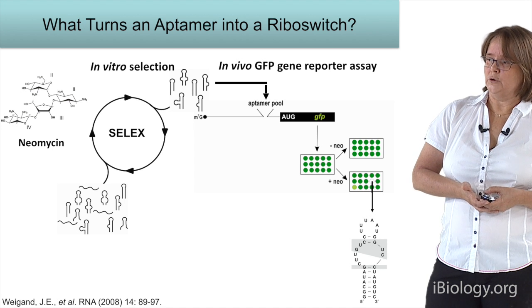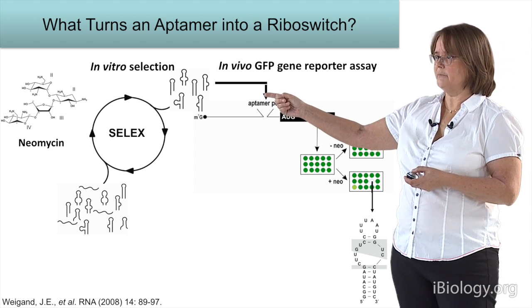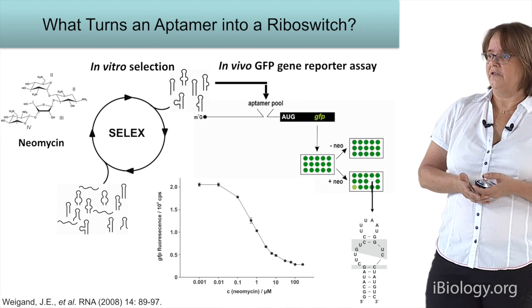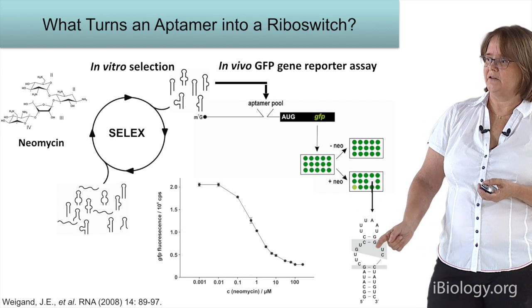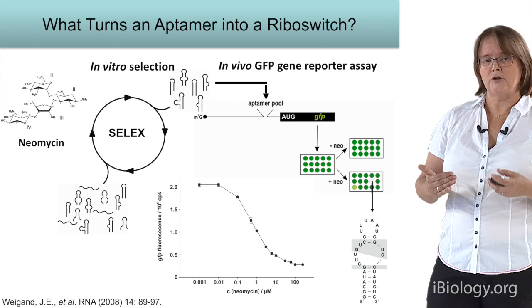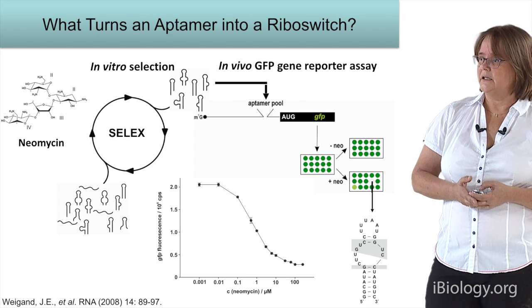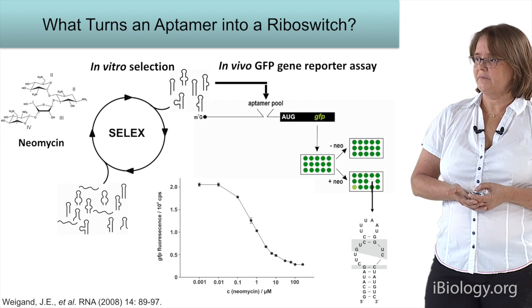However, if you have a look into the enriched aptamer pool here, then this aptamer behaves similar to the tetracycline aptamer, and it leads to a nice dose-dependent decrease in gene expression if you add neomycin.